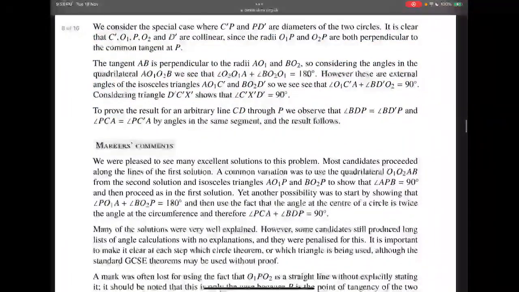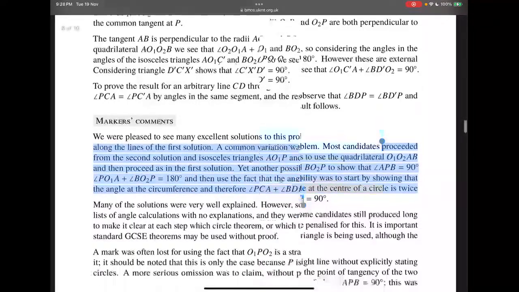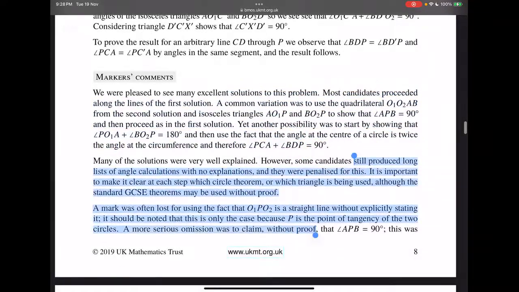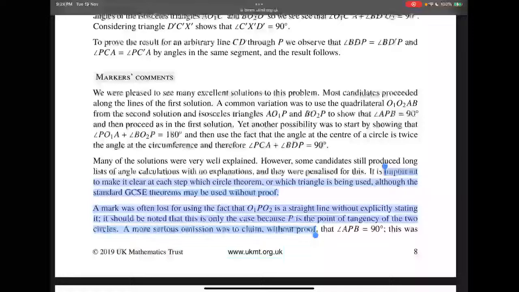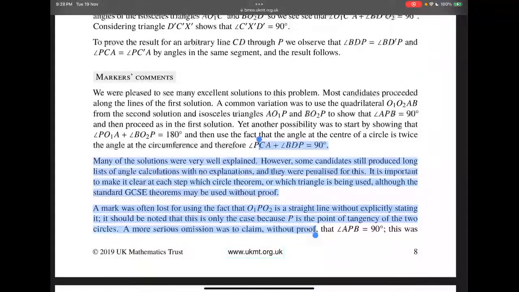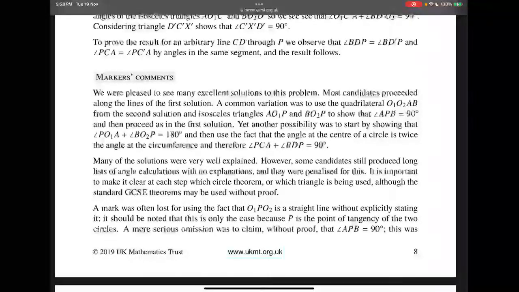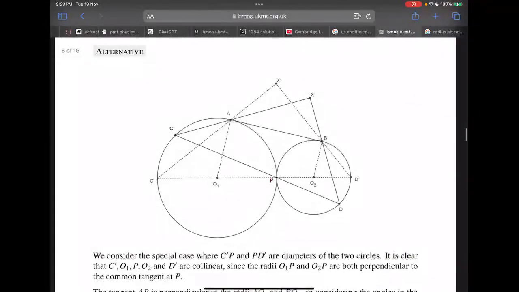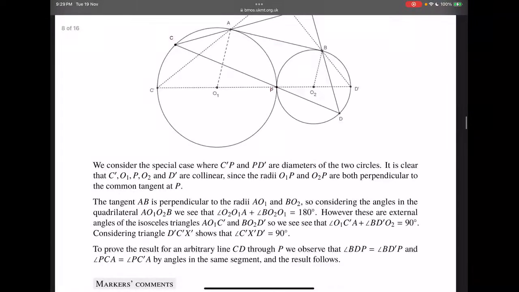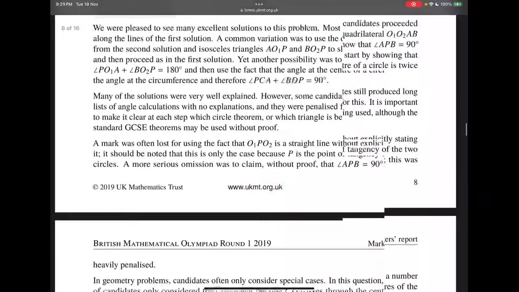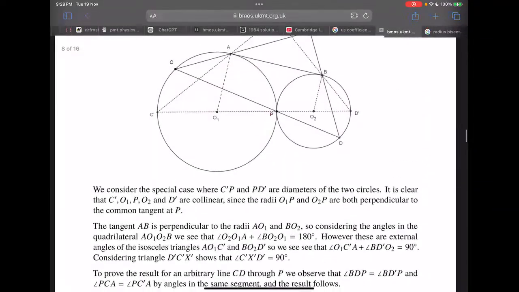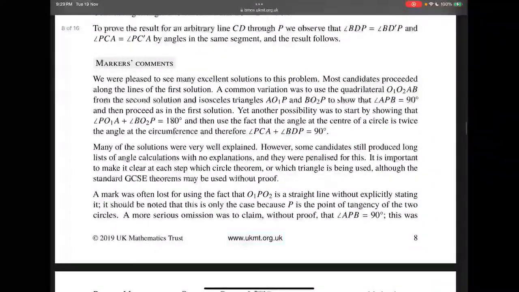Okay. Solutions. Okay, interesting. Using the fact that O1 P O2 is a straight line.